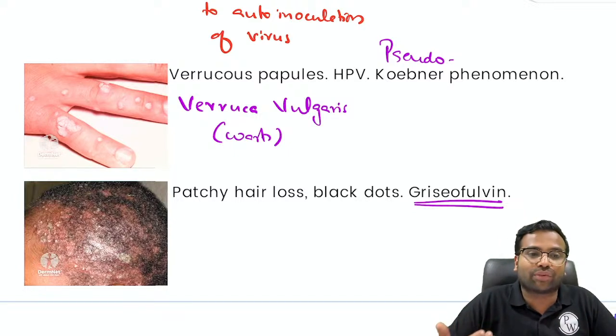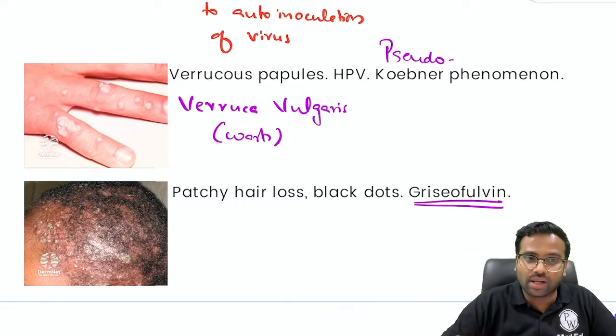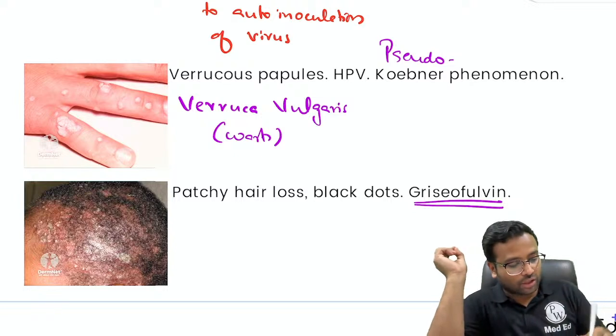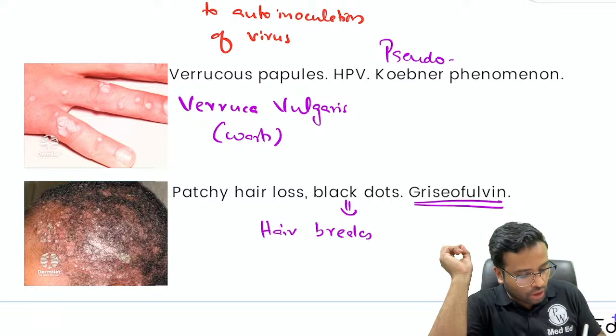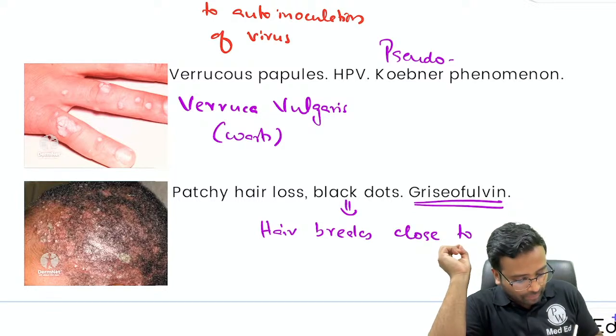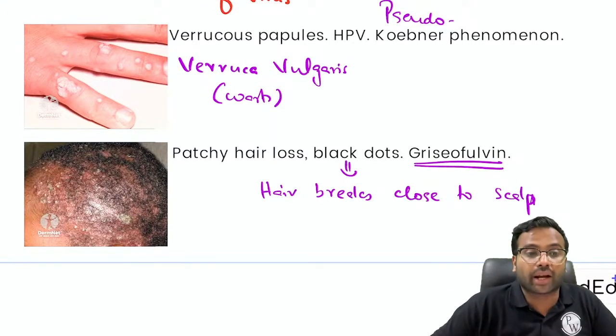So what is the fungal infection we are talking about, where a patient can come to you with patchy hair loss and some black dots? Why are there black dots? Because the hair breaks close to the scalp. When the hair breaks very close to the scalp, this is called black dot.